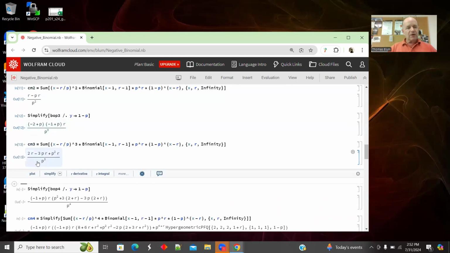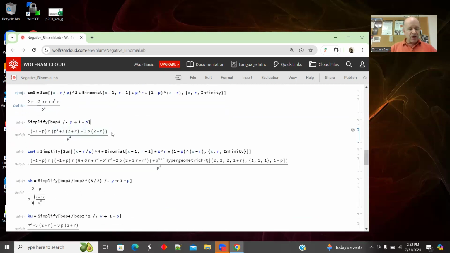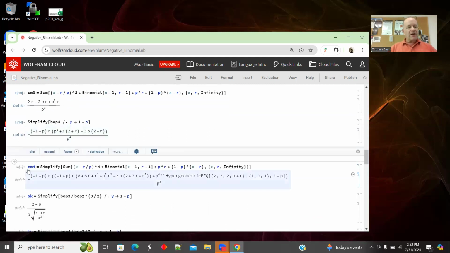And we agree. There's a p squared, there's a 2, and then there's a minus 3, all over p cubed. Okay, so this is the third central moment. And then here is my fourth central moment. And then here is Mathematica's.